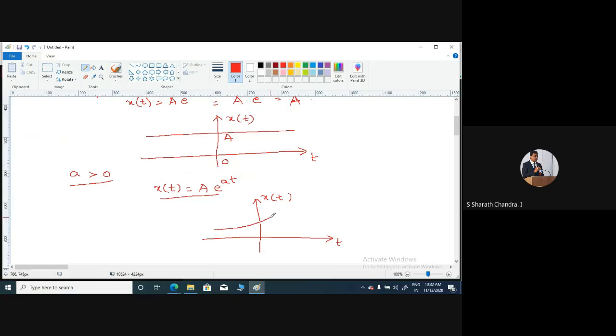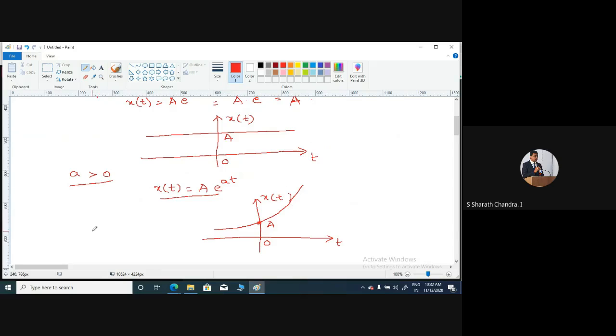It's a rising or growing exponential, and at t equal to 0 you could see that it is simply equal to capital A. Therefore it is a continuously growing exponential signal.